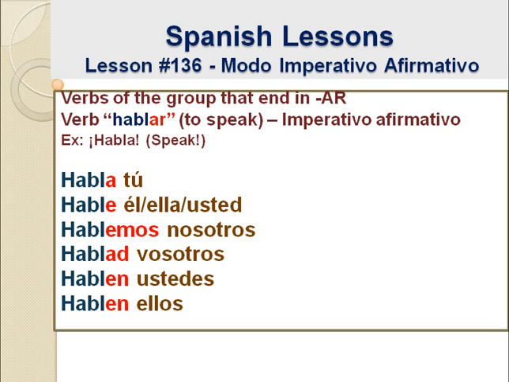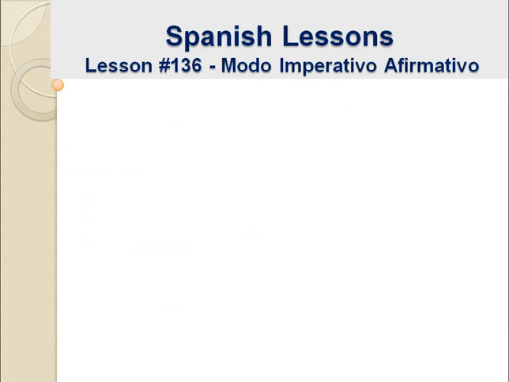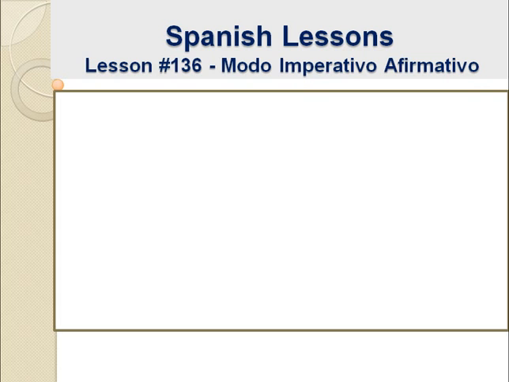And in the case of vosotros and ustedes, they are synonyms, but they conjugate differently, right? Vosotros is spoken in Spain, ustedes is spoken in Latin America. So let's continue with the second group of verbs, right? The verbs that end in er.